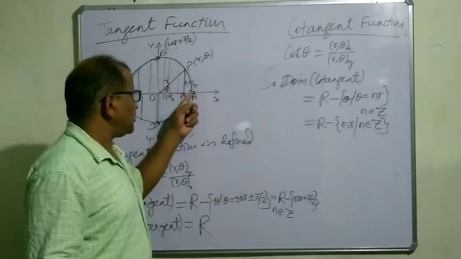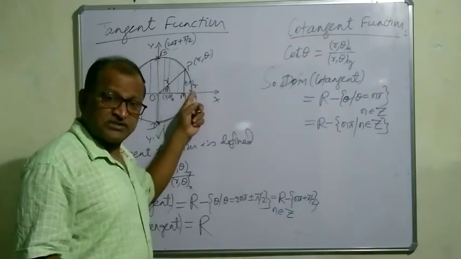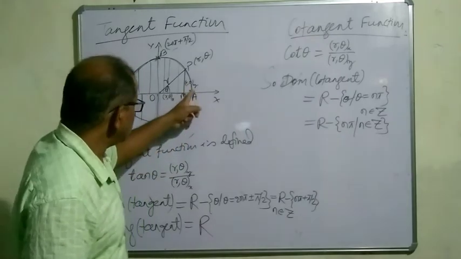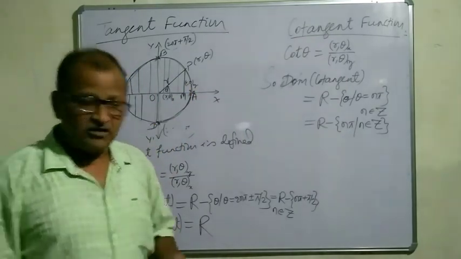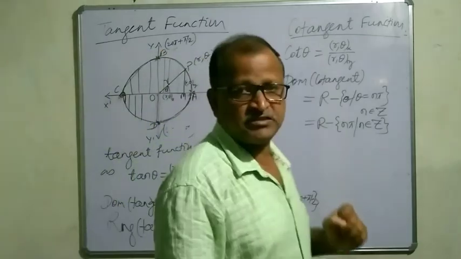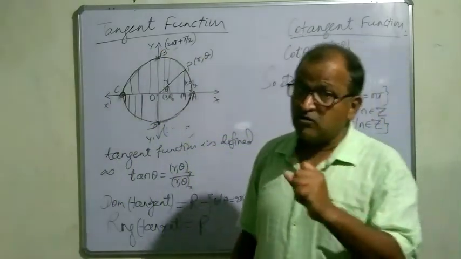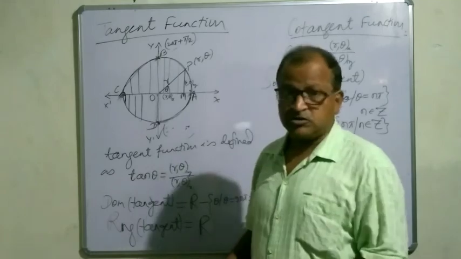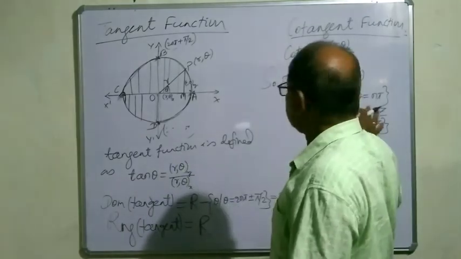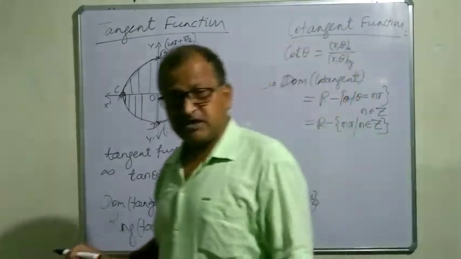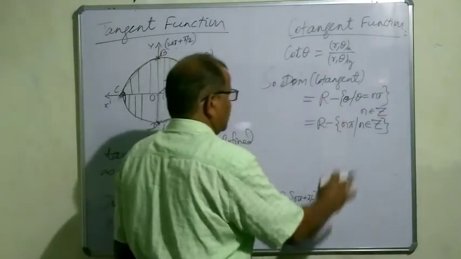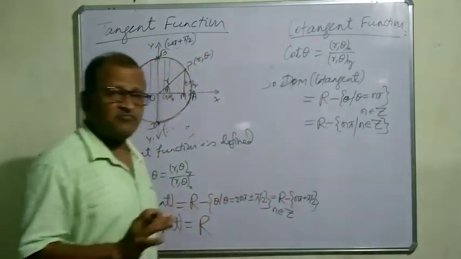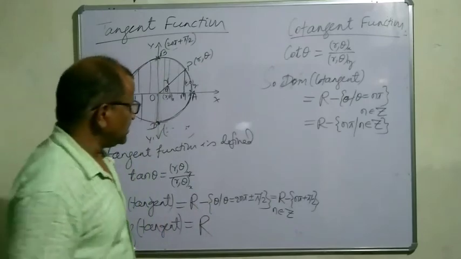When the point is on the x axis, either this point or this point, the y coordinate must be 0. So we have taken the difference of the set of values for which the y coordinate is 0. So this is the domain of the cotangent function.